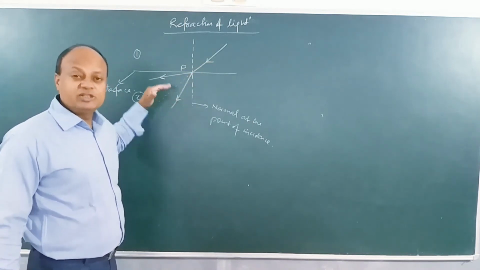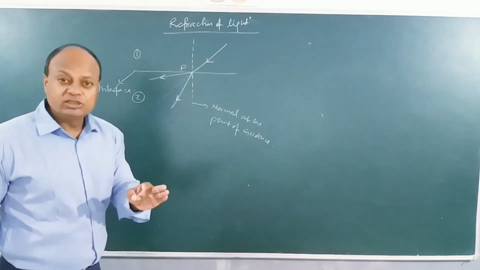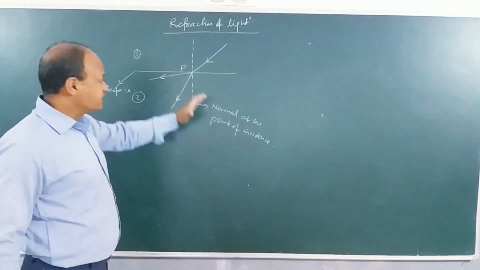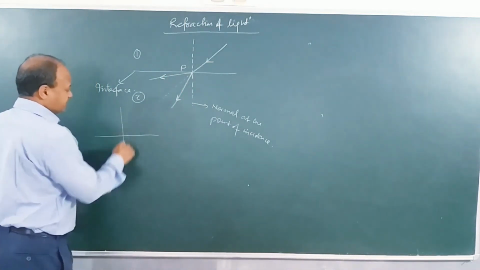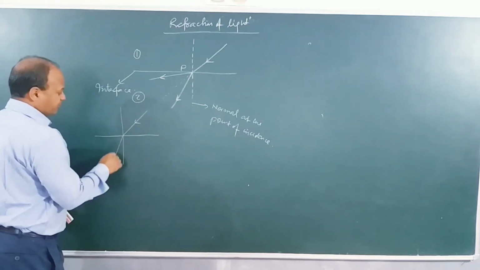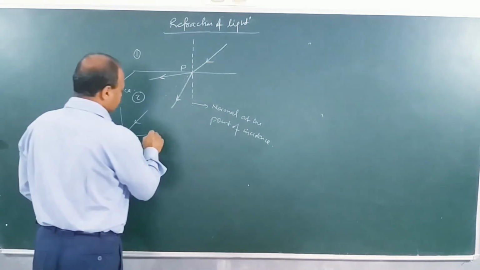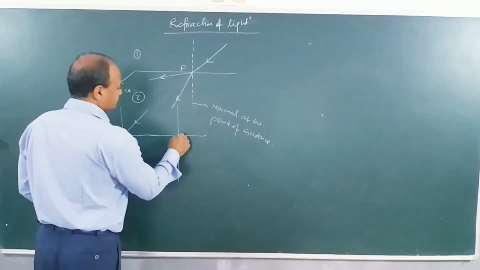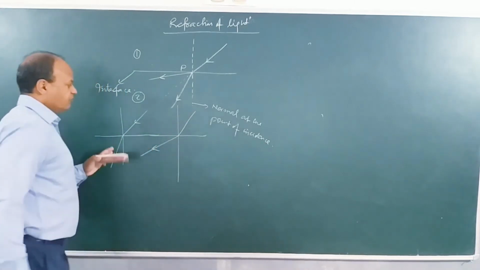Its path will change. And why will it change? Because its speed is going to change. So let's separately study what all can happen. First thing that can happen is, this is the normal. The light will bend towards the normal. The other situation is that light will bend away from the normal. One of these will happen.